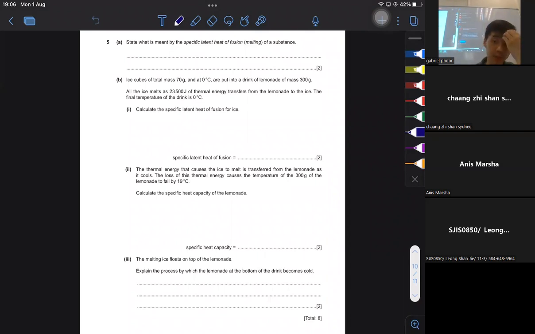This is the statement, Sydney. Good. What's the units? What's the formula? Joules per kg, very good.